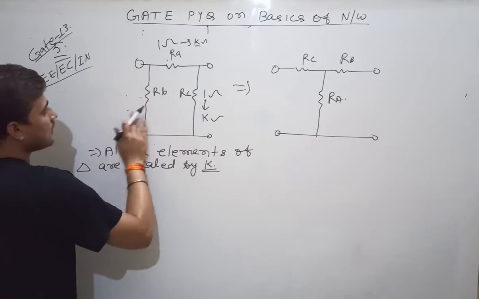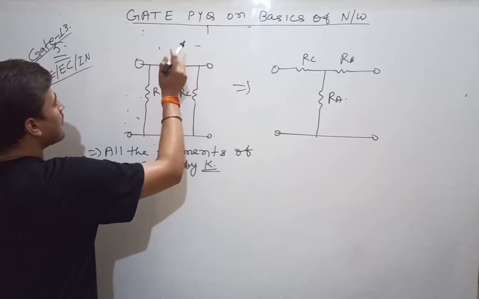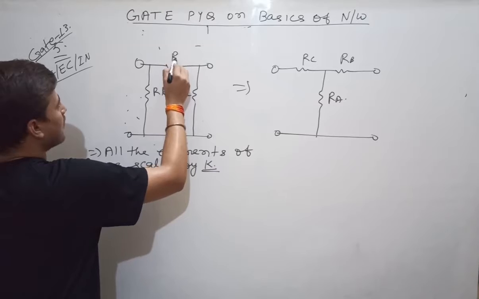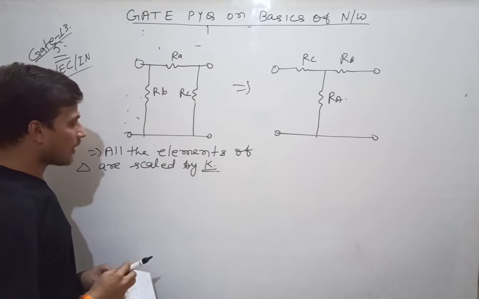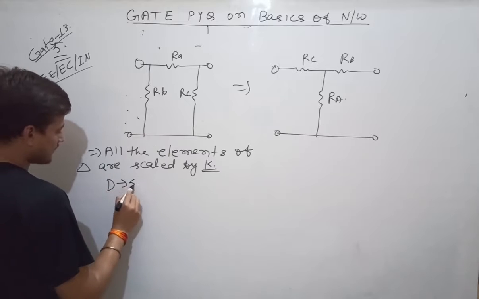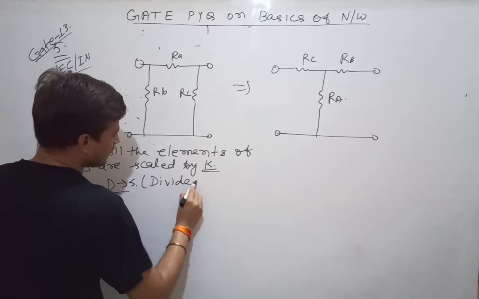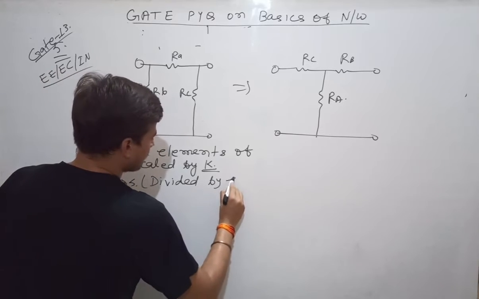So let us see how to solve this question. You will have to apply the delta to star conversion formula. D to S means divide by sum. Remember the trick, divide by sum.